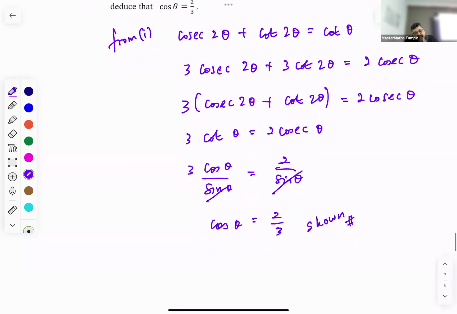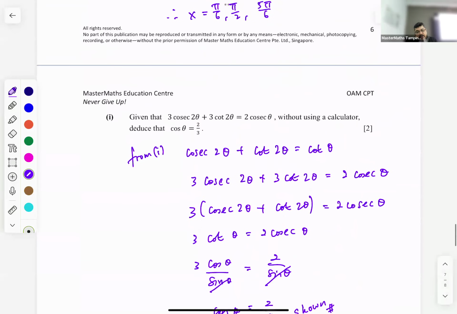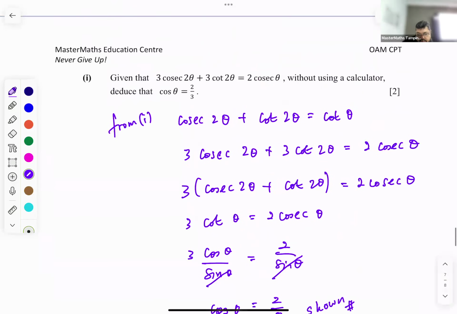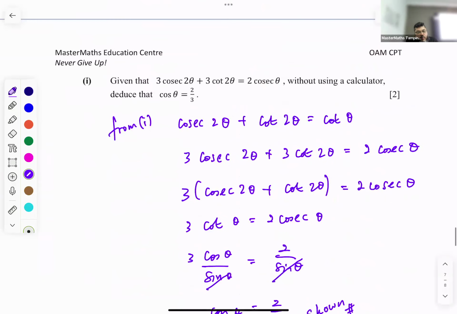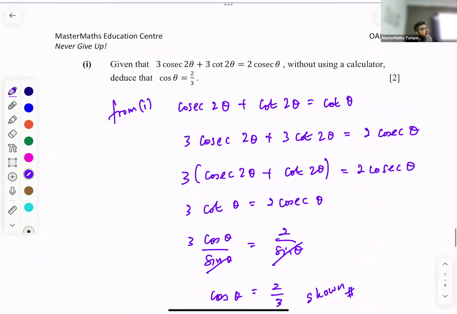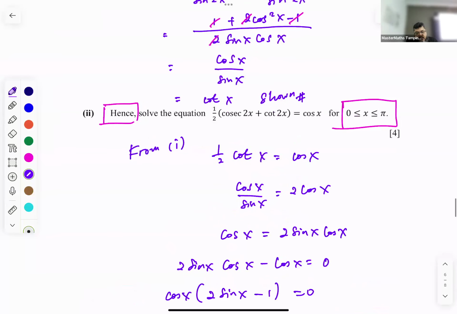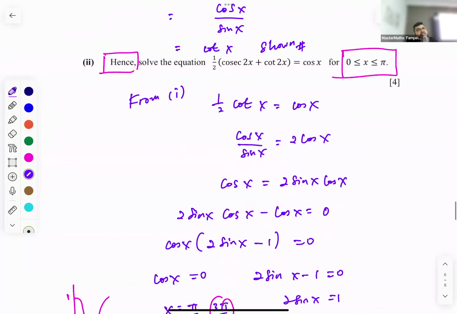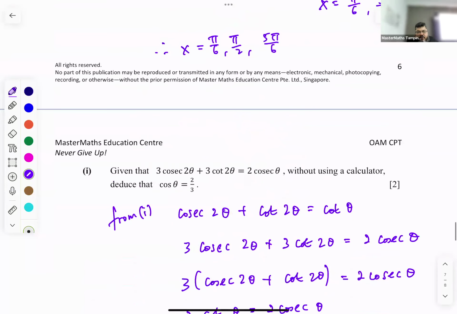The idea for this kind of question, most of the time, whatever they have given you, most likely you will be ending up using it. If I have not told you, what would you all have done?